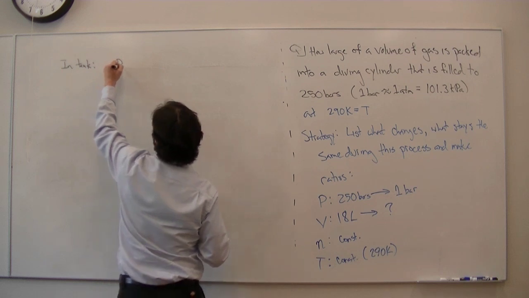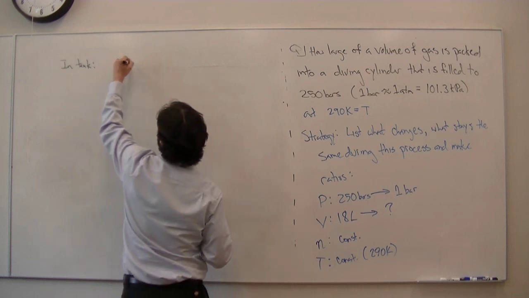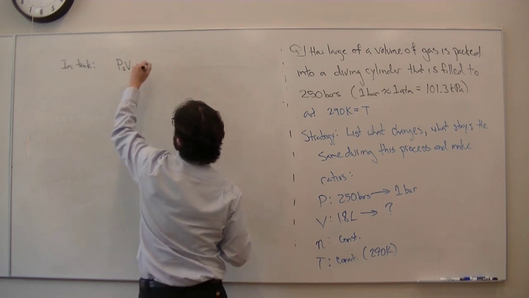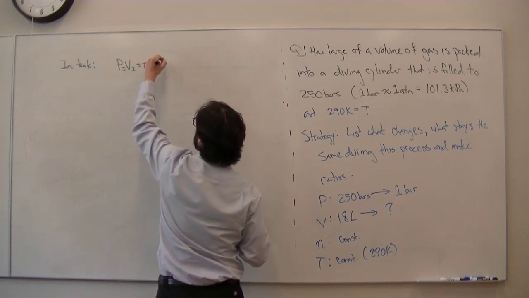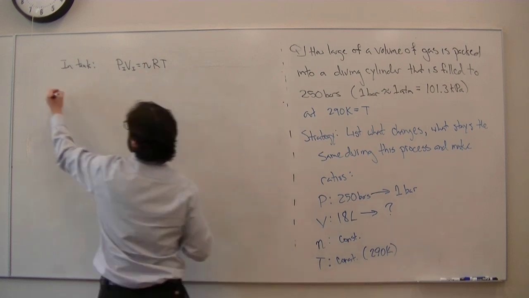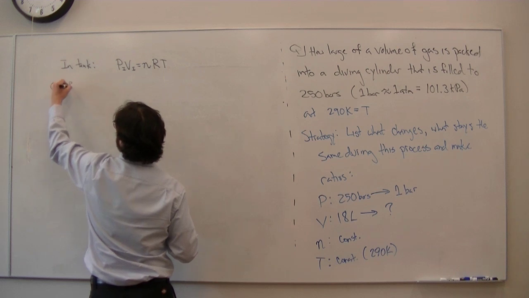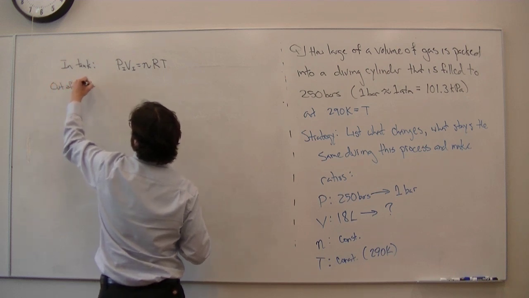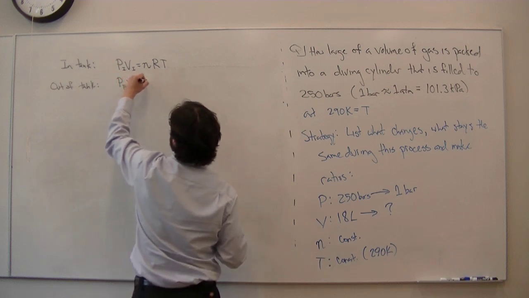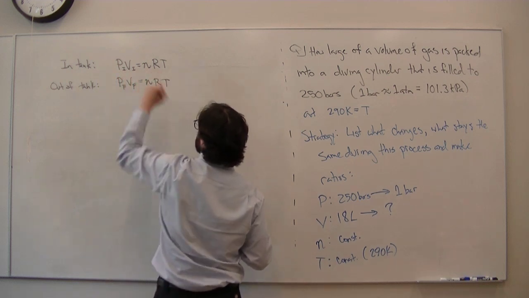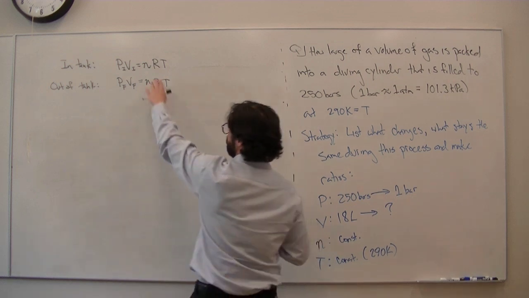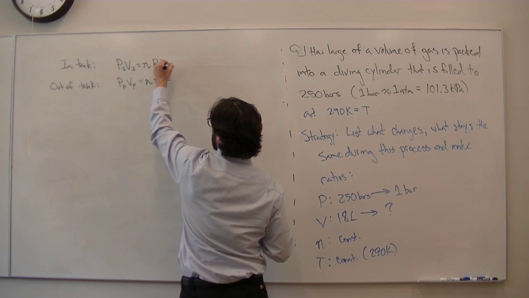So we'll call it P initial V initial equals n R T, initial is same as final, so who cares. And those are the same, so who cares. And then out of tank, P_F V_F equals n, still the same, R T. And what I realize is if these things don't change, they're a constant.